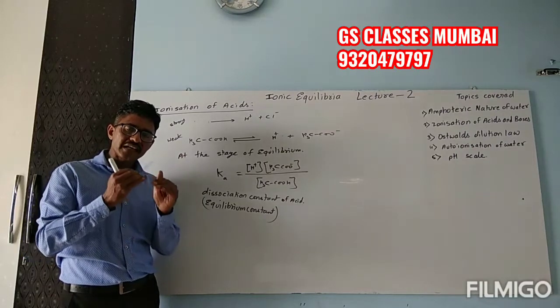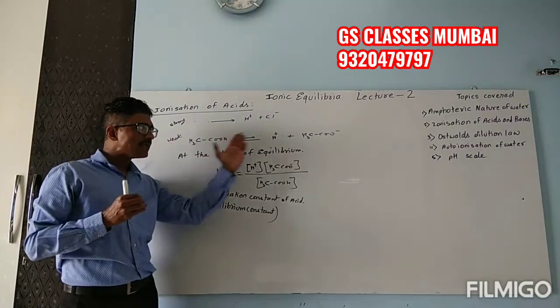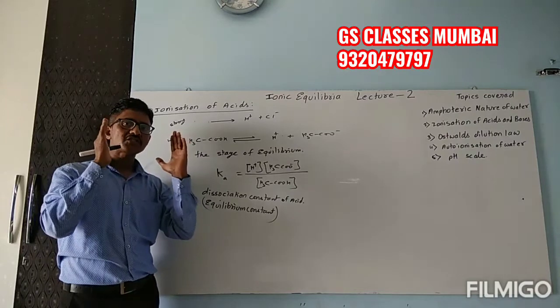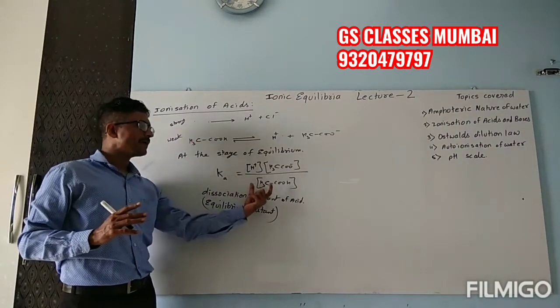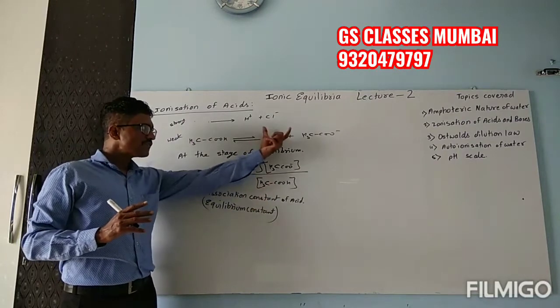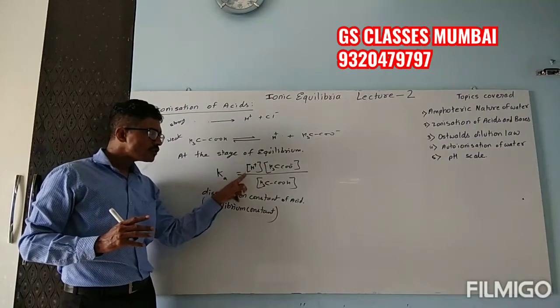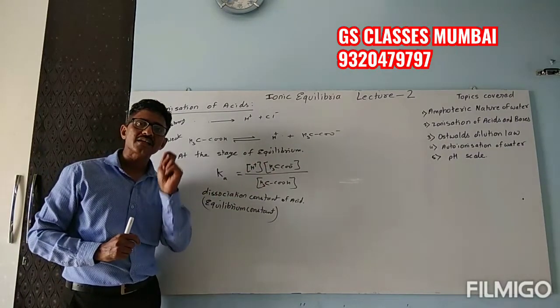When you are starting the reaction, concentrations are changing. Once the equilibrium has been established, now every concentration is fixed. This fixed number I am keeping here. And the ratio is known as the dissociation constant.